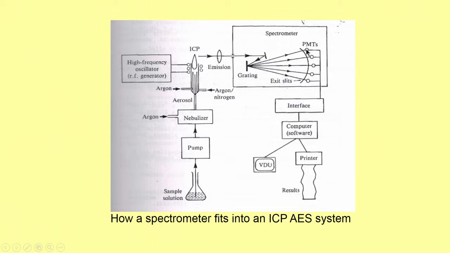Otherwise, if you use Paschen-Runge, you will be collecting many wavelengths simultaneously, and all these are interfaced to a computer with proper software, which is again connected to a VDU and printer for results. So, this is how the whole arrangement of an ICP-AES system is fixed.